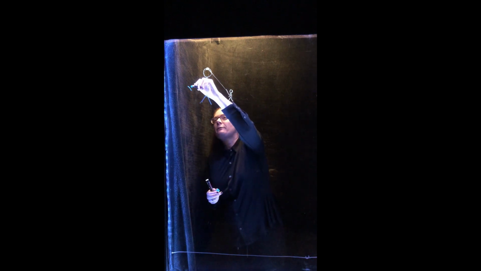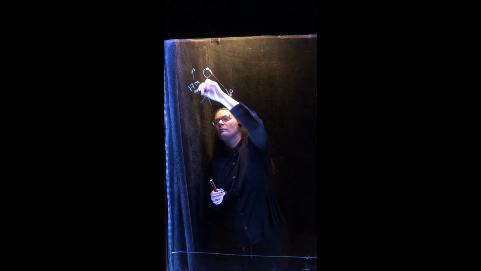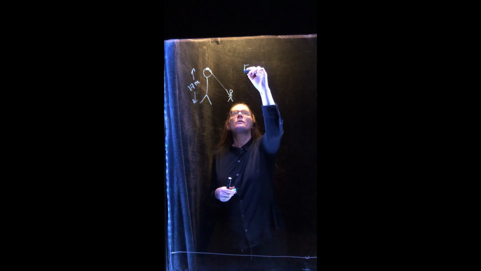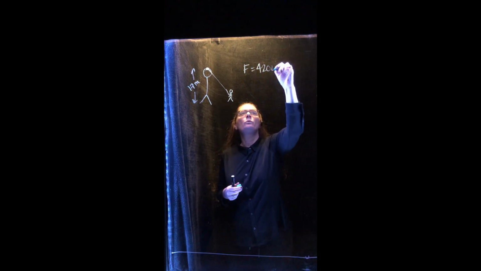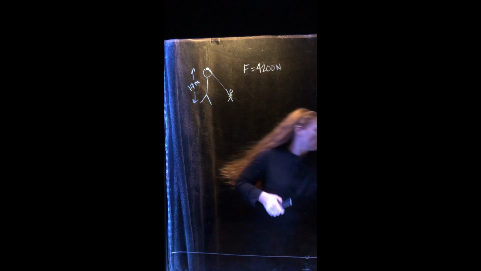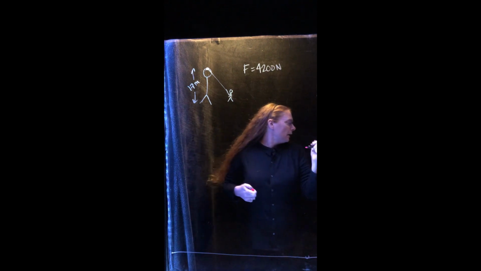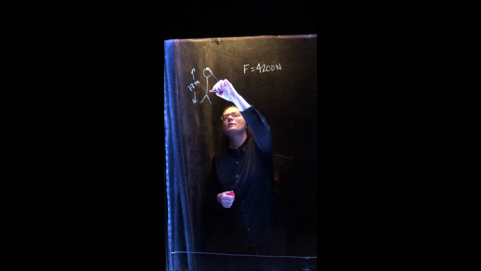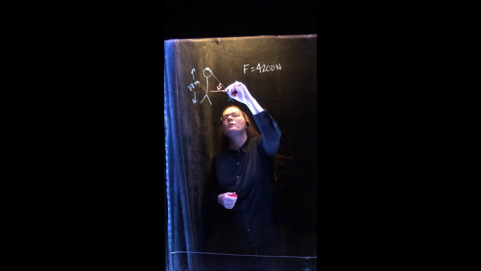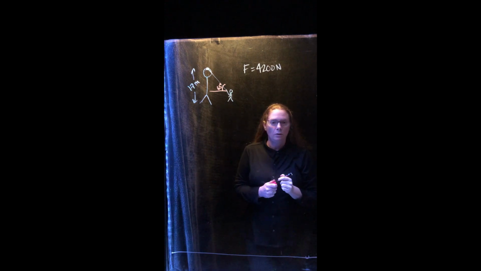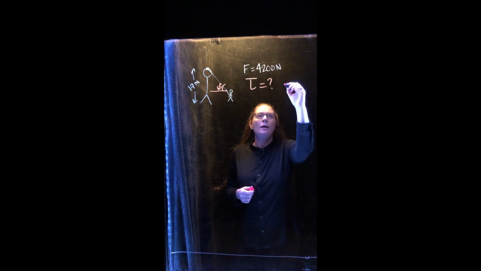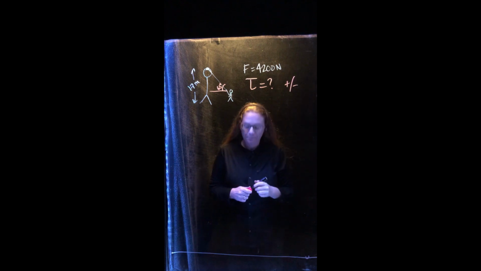The statue is 17 meters tall and they're pulling with a force of 4,200 newtons. And the angle is 65 degrees to the horizontal. We want to know what is the torque that they're exerting on the statue, and is it positive or negative?